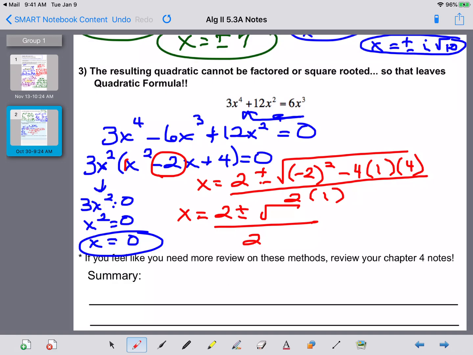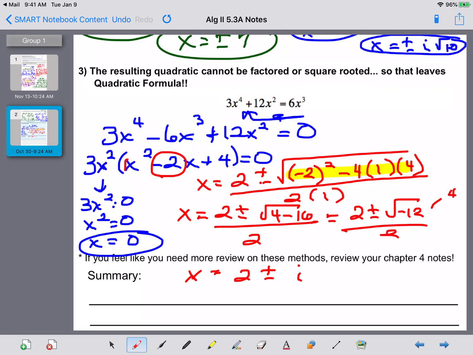So inside our square root, we have negative 2 being squared, which is 4. Then we're subtracting 4 times 1 times 4, so we're subtracting 16. So we have 2 plus minus the square root of negative 12 divided by 2. And we do want to break down that negative 12. So we're going to have 2 plus minus, the negative is going to come out as an i.